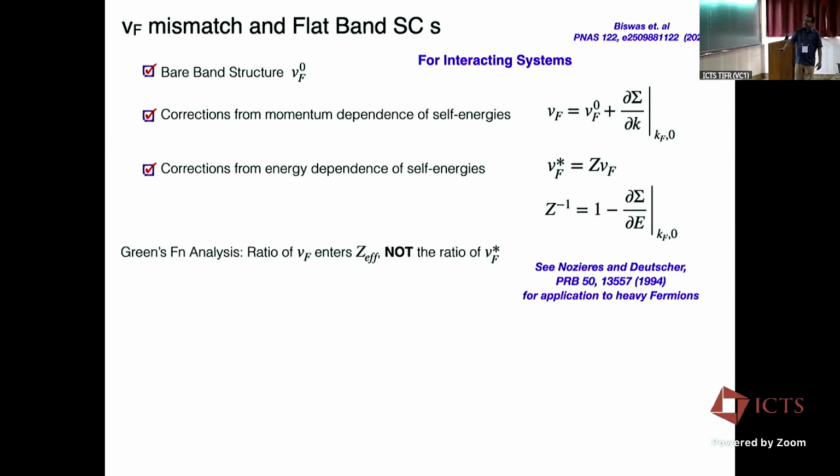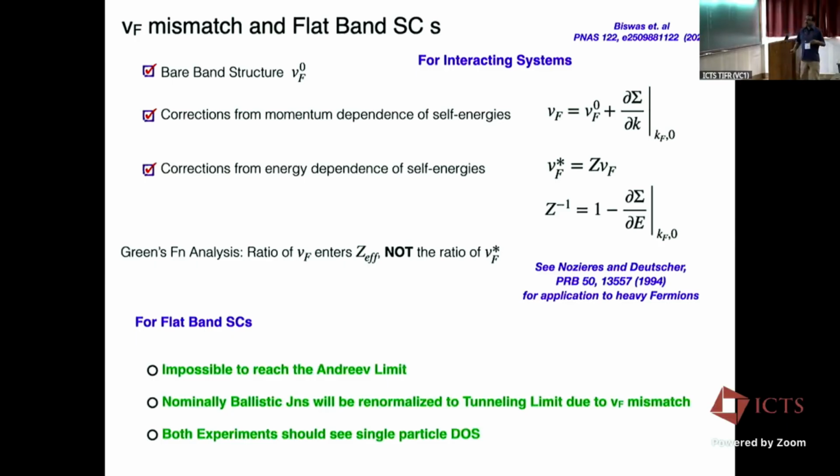And the analysis shows that Z effective, what enters is the VF and not VF star. So somehow the frequency-dependent renormalizations of VF that come from frequency dependence of self-energies are not going to be important for you. However, if you have exchange or bare band structure differences, those are what you should actually look at. Okay. Again, earlier was done by Nogiers and Deutscher in some slightly more ad hoc way.